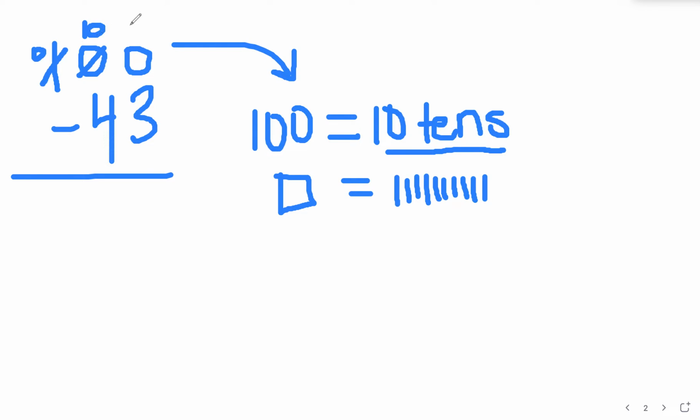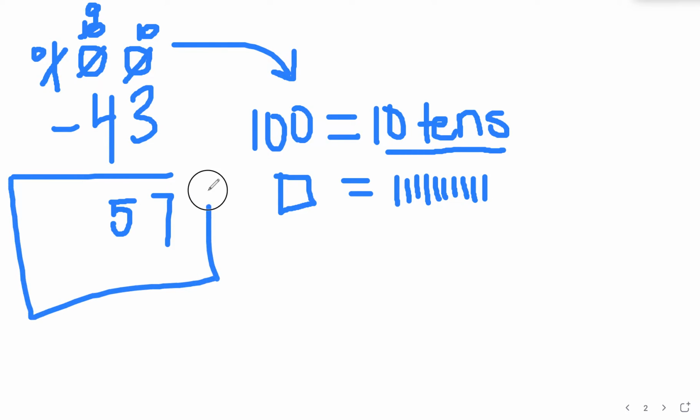If I give one group of 10 to the ones, now I will only have 9 tens, but I will have 10 ones. So now I do 10 minus 3, which is 7, and I do 9 minus 4, which is 5. Then when I get to my hundreds place, I see that there are 0 hundreds, so I don't have any hundreds left, and my answer is 57.